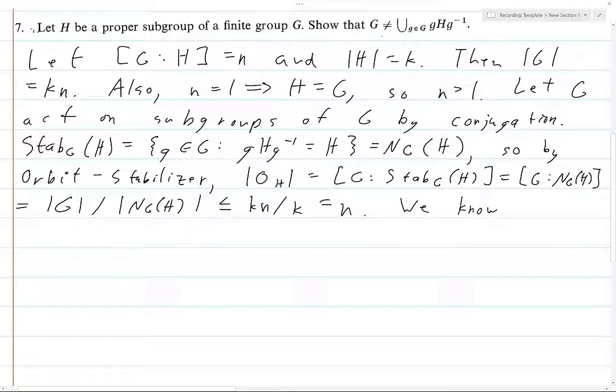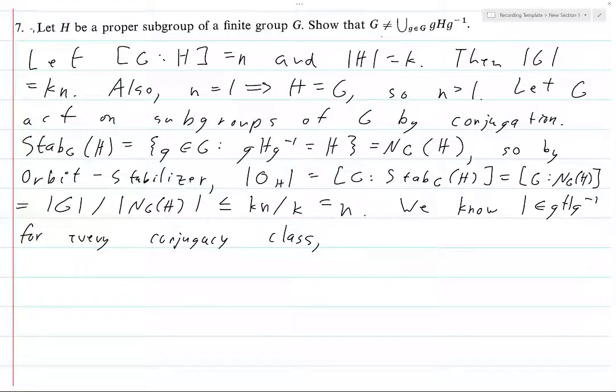We know that 1 is contained in gHg inverse for all g in G, so this is for every conjugacy class. Anytime you have a conjugacy class, it will contain 1 because H contains 1, and if you take any g, then g1g inverse is just equal to 1.